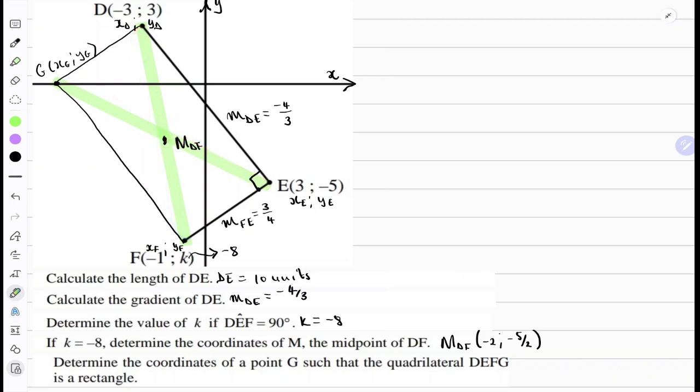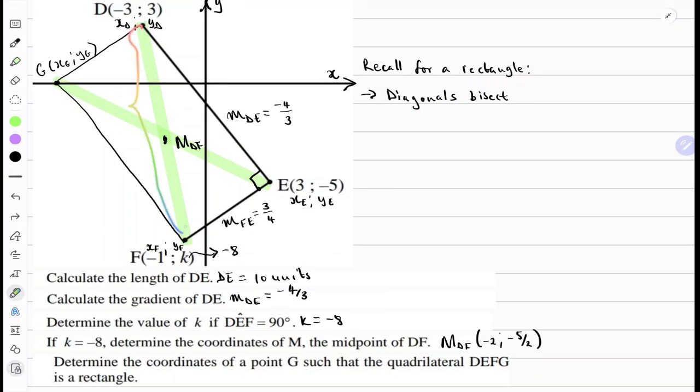So let's use this information to find XG and YG. So you'll recall for a rectangle that the diagonals bisect. So in other words, the midpoint of DF is the midpoint of GE. So they share the same midpoint. So let's write this down algebraically.